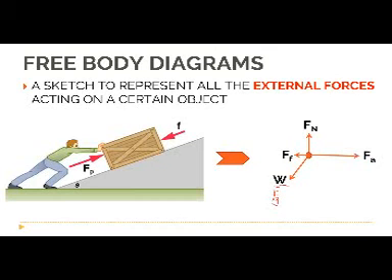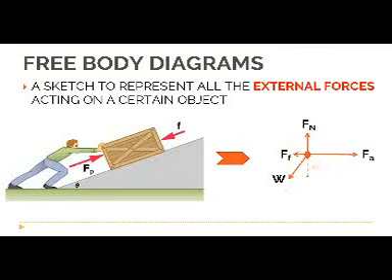So what are these components? This is the x and the y component. W sub x is the x component of our weight, and W sub y is the y component of our weight.